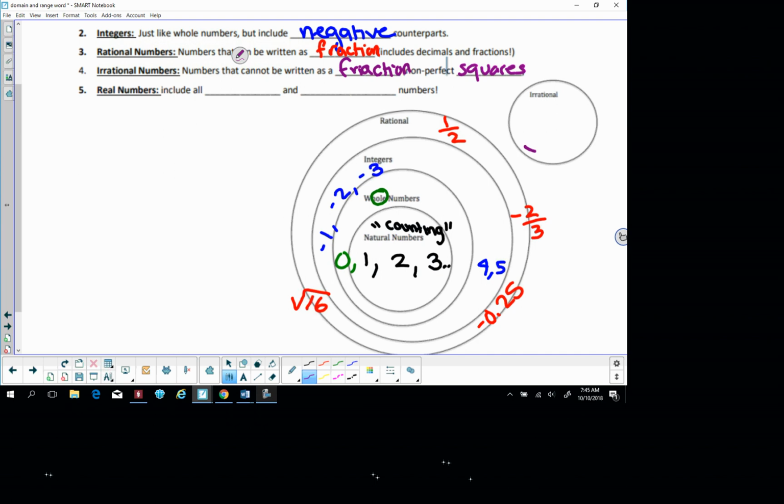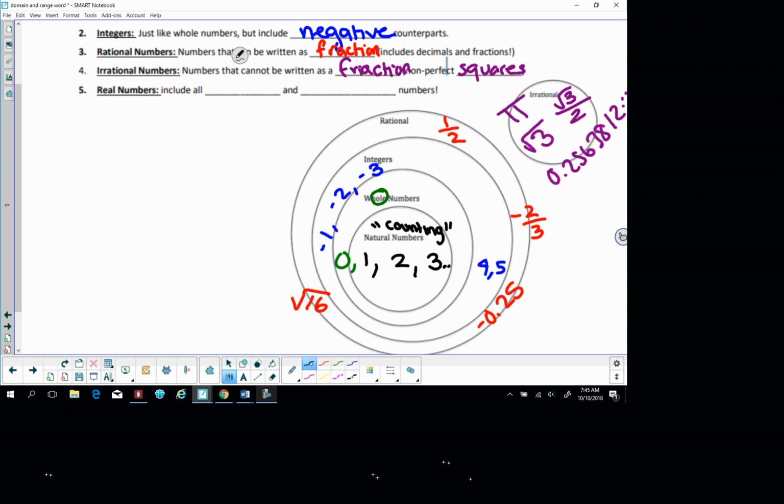So for example, square root of 3, if you put that into your calculator, it would give you a long, non-terminating decimal. If you had a decimal that went on forever and it didn't repeat and didn't have any sort of pattern, that's irrational. Even if it's a fraction, but it has an irrational number in it, like radical 3, it's irrational. We also have pi.